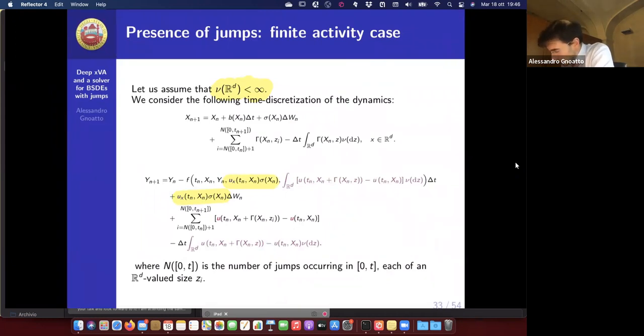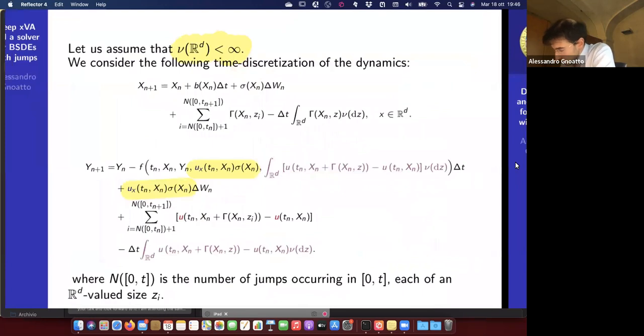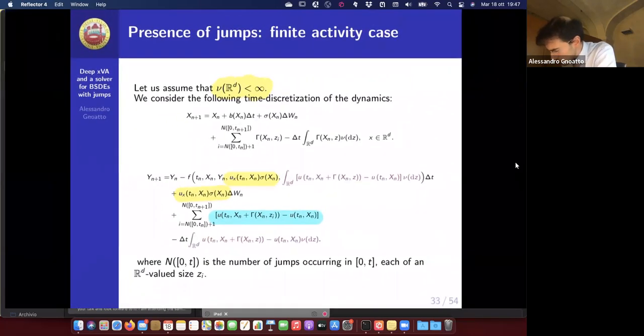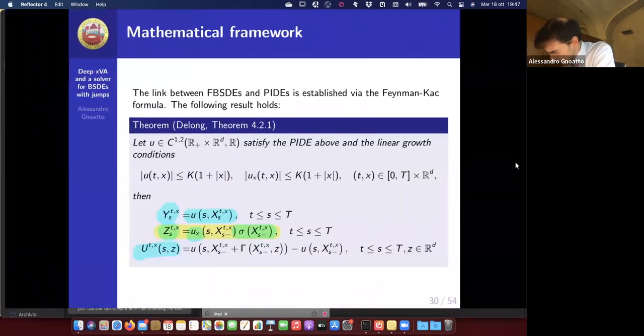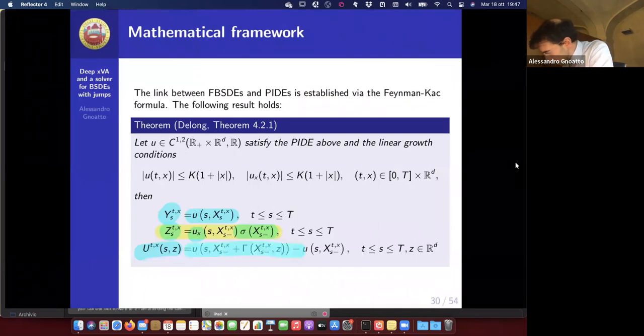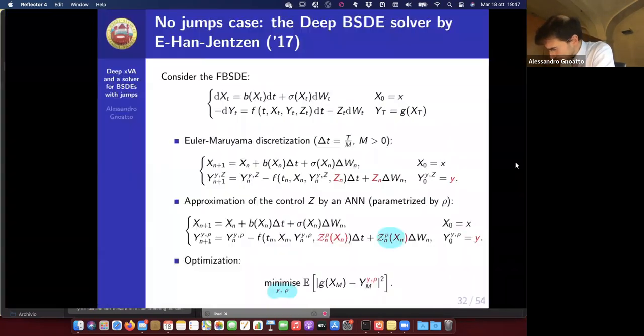And you see that now, in the stochastic integral part of the BSDE, I have this term here. Let me use a different color. You see U after the jumps minus U before the jumps. This is coming again from Feynman-Kac.